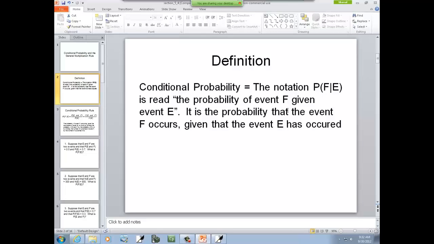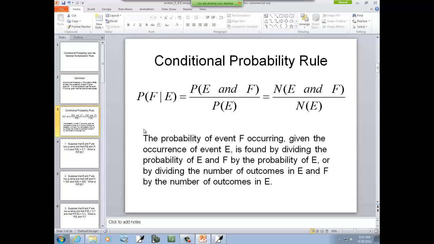Now this is where we're narrowing it down. We're only looking at a subset. For example, maybe I'm going to find a probability of picking somebody at random from the class who's wearing glasses given they're female. So I'm only looking at women, and then from there figuring my probability. Now our conditional probability rule goes like this.